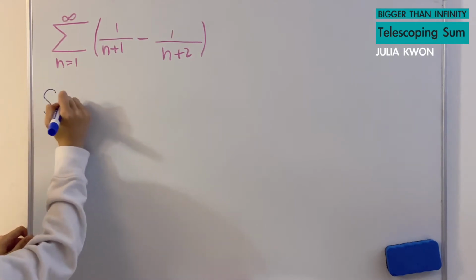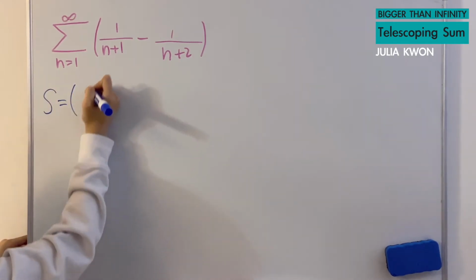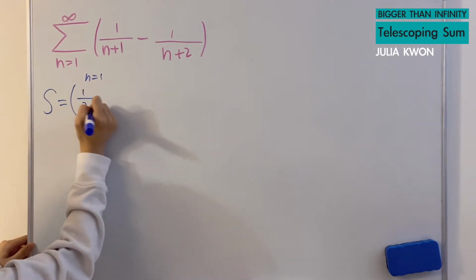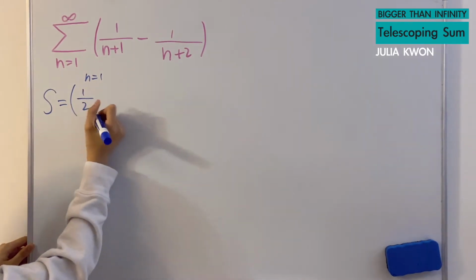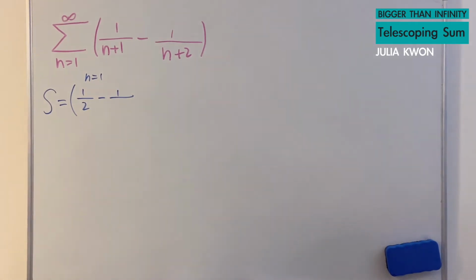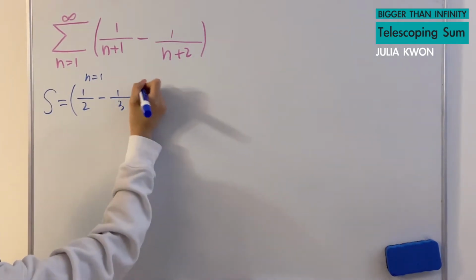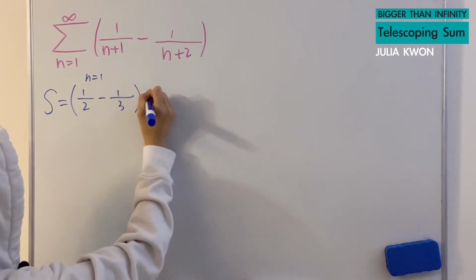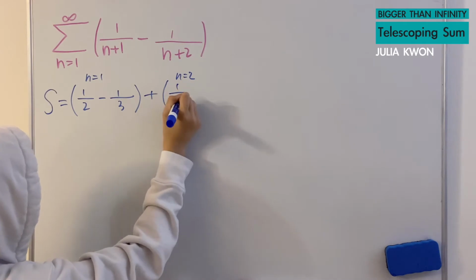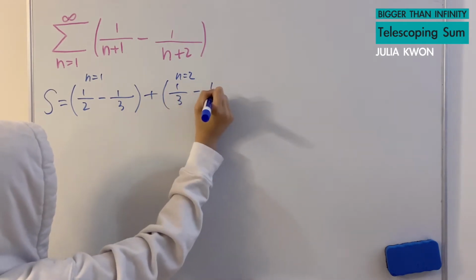So the sum is equal to, when we put in n is equal to 1, we would have 1 divided by 2 minus 1 divided by 3, and plus, when n is equal to 2, we would have 1 divided by 3 minus 1 divided by 4.